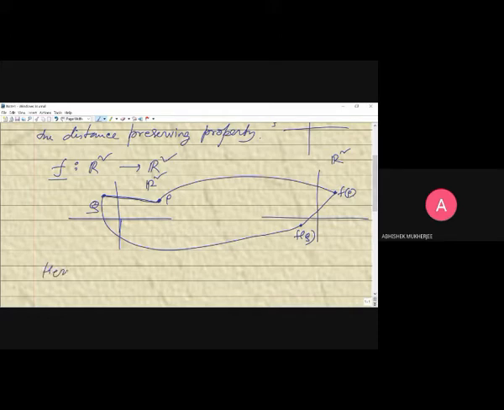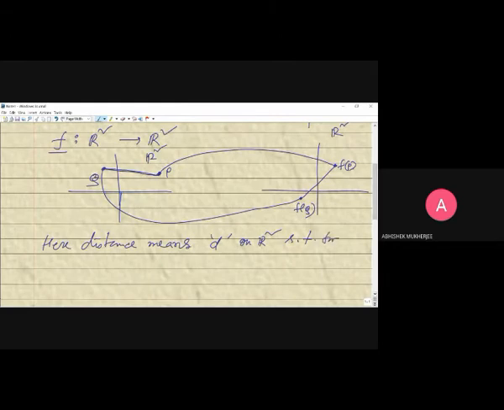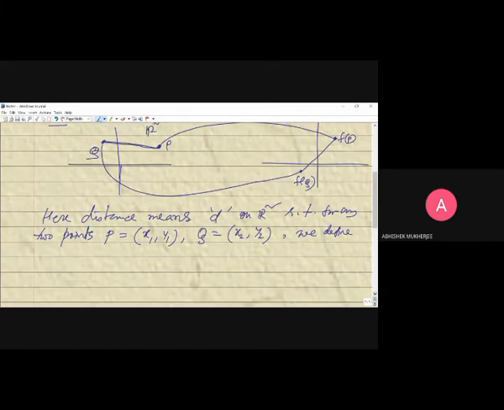So here distance means a map d on R2 such that for any 2 points P whose coordinates, suppose, are x1, y1 and another point Q whose coordinates are x2, y2, we define d of PQ.